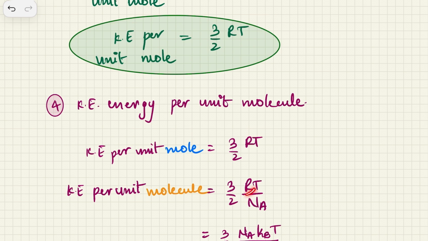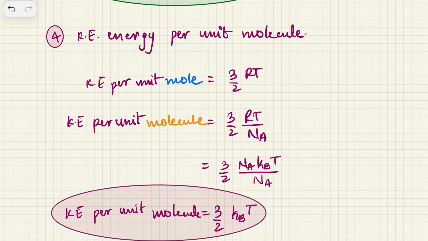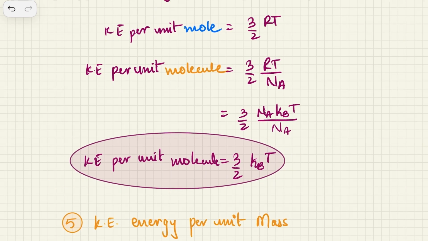So in place of R, we'll write Na into Kb. So in place of R, we have Na into Kb, into T upon Na, and Na gets cut, and what remains is kinetic energy per molecule as 3 by 2 kBT. Now this is one of the equations which we are going to utilize in finding out the specific heat capacities and the ratio of specific heats in my further videos.